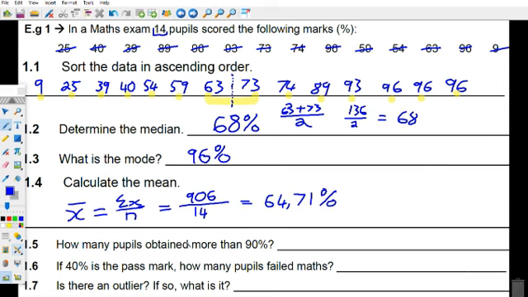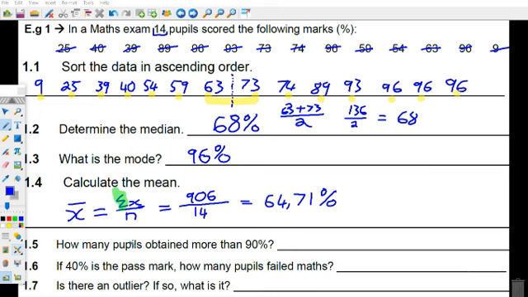So we see how we got the mean. We take all our points and add them up, 9 plus 25 plus 39 and so on. That's what this little symbol here means. This capital sigma means sum.